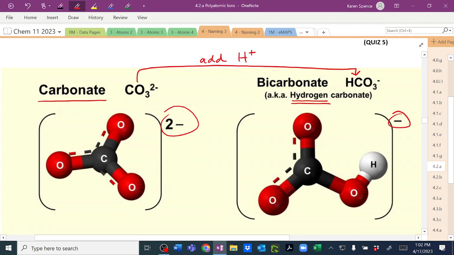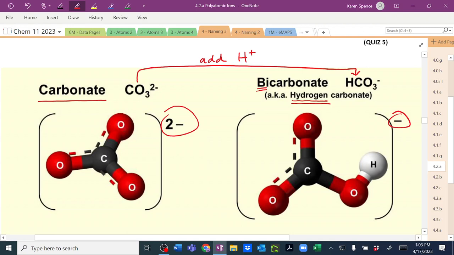The older, more common naming system, instead of writing hydrogen carbonate, we write bicarbonate. There's no good logic behind that. It's not twice as many carbonates. It just means you added an H, okay? So anytime you go from an ion and you add an H+, you can just stick a bi in front of it or a hydrogen in front of the name, and there you go.